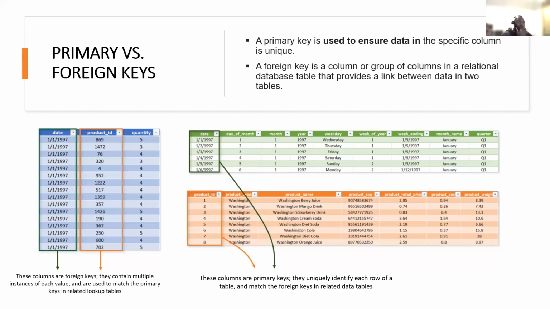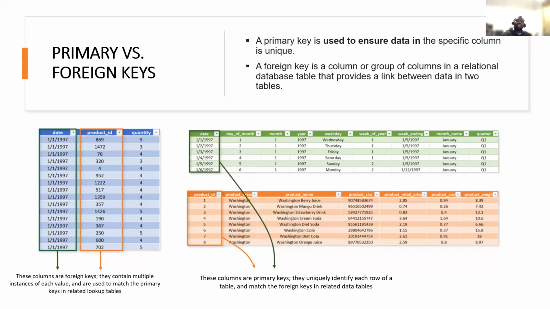So the primary key is usually in the lookup table. When you say something is primary, it is the main key, it is the main identity, right? And don't forget, you can only find the identity in the lookup table, because the lookup table has unique, distinct entries.